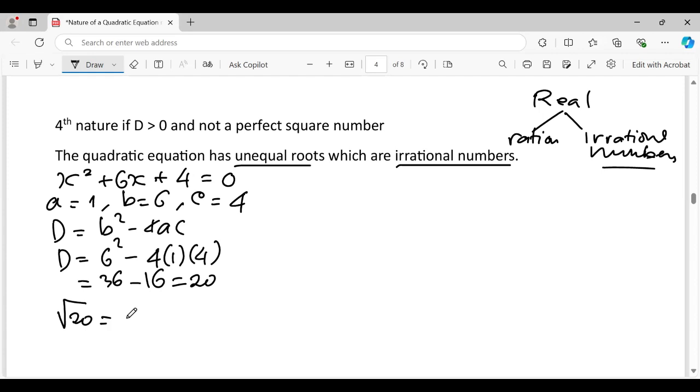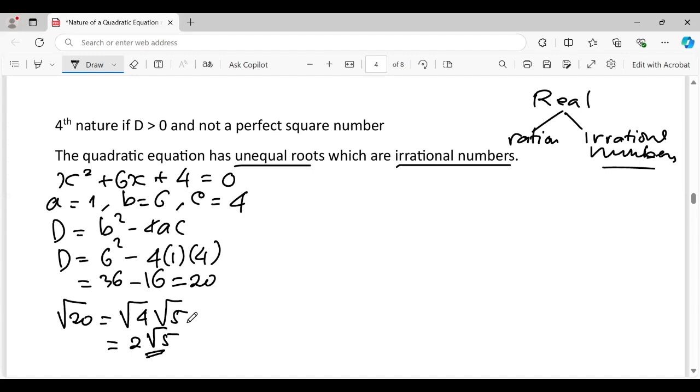the square root of 20, we can't find an integer number, but we can convert it to square root 4 times square root 5, becomes 2 square root 5. This number is an irrational number, not a rational number. 4 is a rational number, 6 is a rational number, 1 is a rational number, but 2 square root 5 is an irrational number.